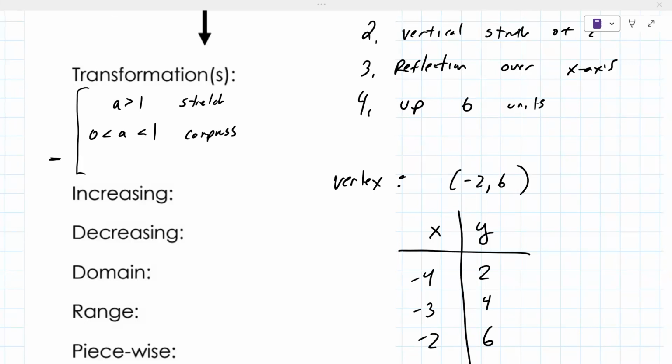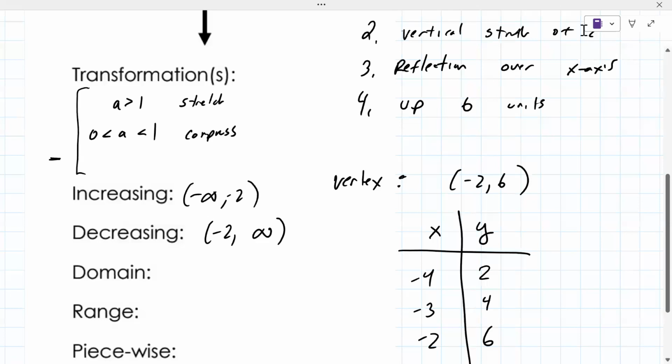So increasing from -infinity to -2. Okay, good. And it's got to be the x values. And then decreasing from -2 to +infinity.